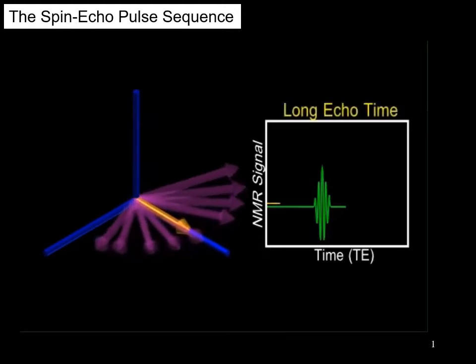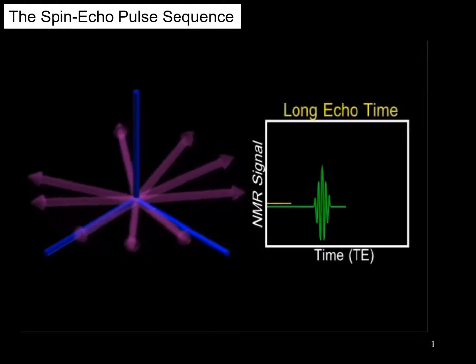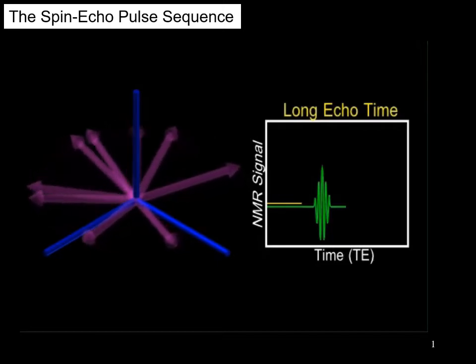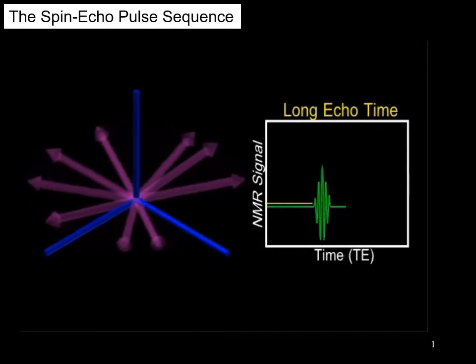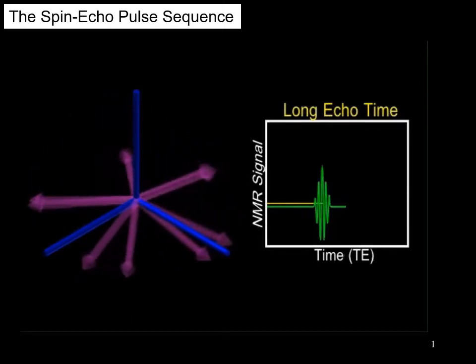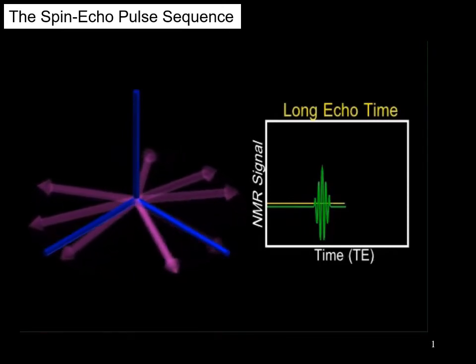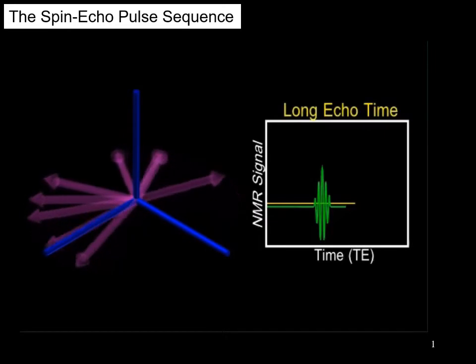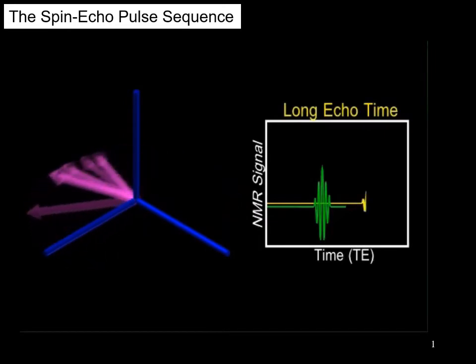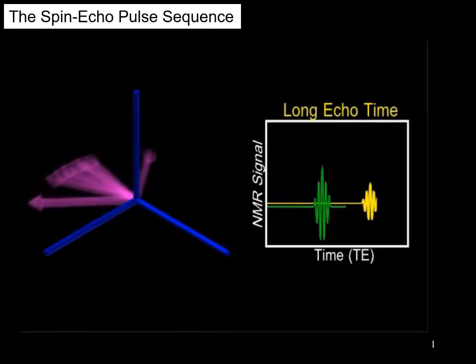With the longer echo time, the individual components get more and more out of phase with respect to one another. When they are inverted, they do come back partially into phase, but not as well into phase as with the shorter echo time, so we get a lesser signal.